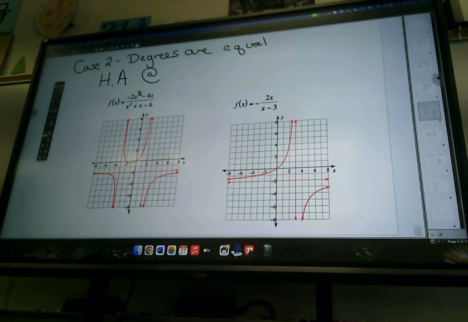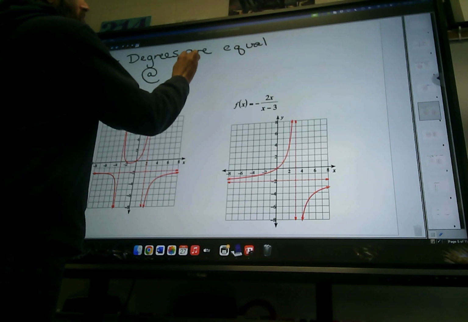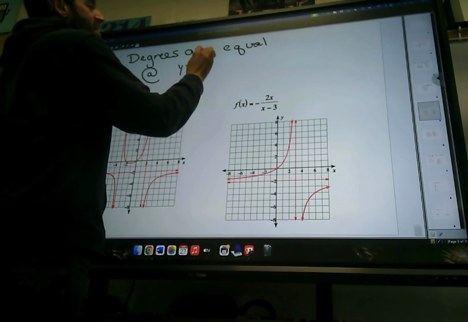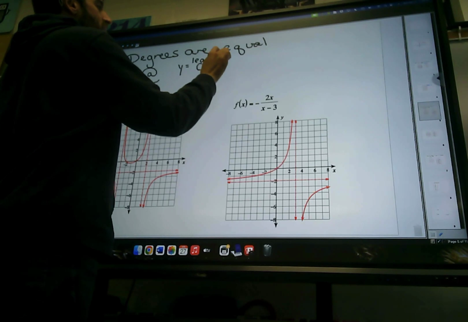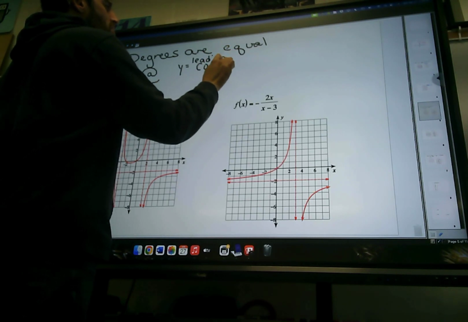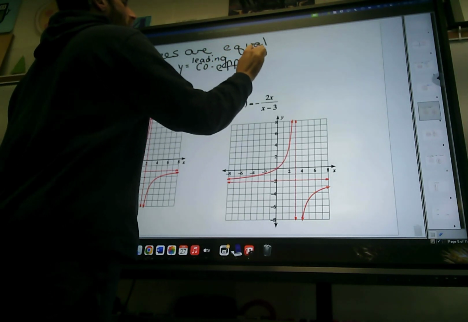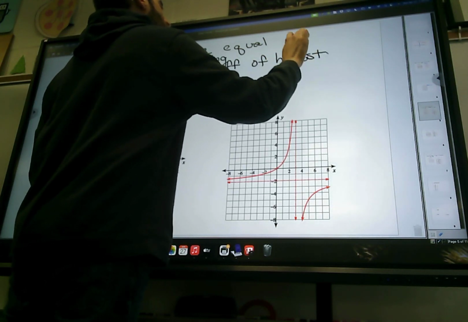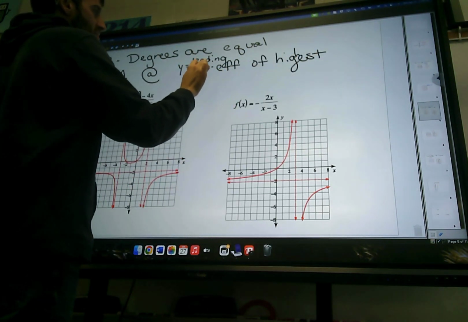And where that horizontal asymptote is going to be is at y equals the leading coefficients of the highest degree. There is an h in highest.